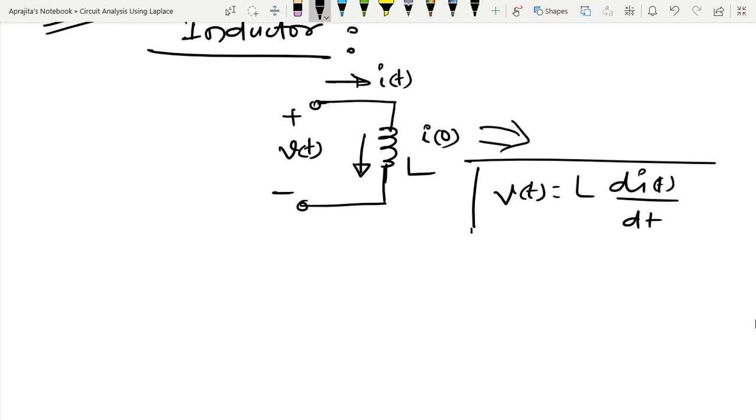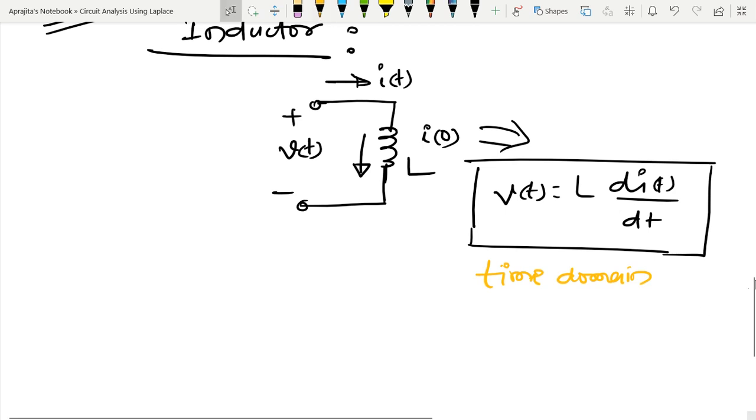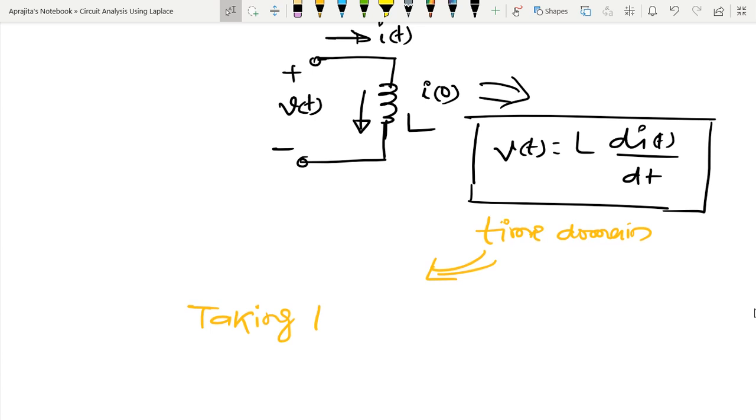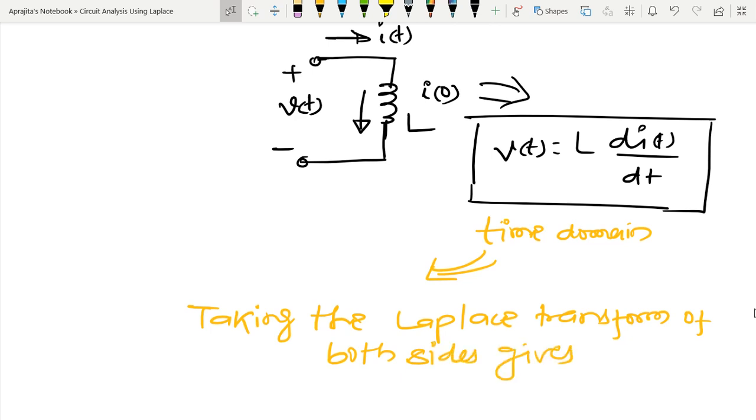So this is basically the expression in time domain, and in order to get the corresponding equation in Laplace domain or frequency domain, I have to take Laplace transform on both sides, and this will give the following.